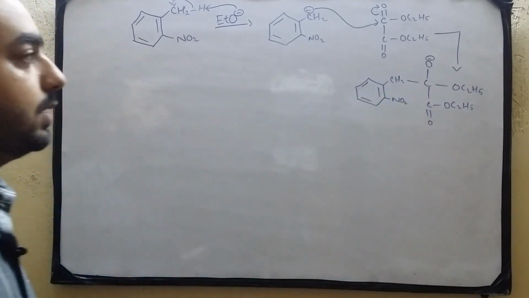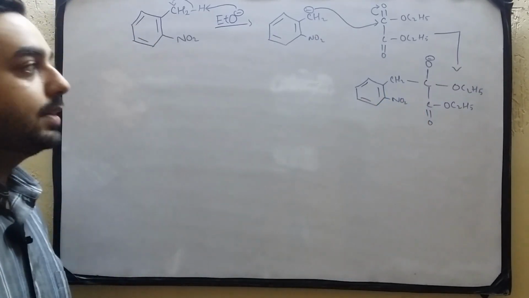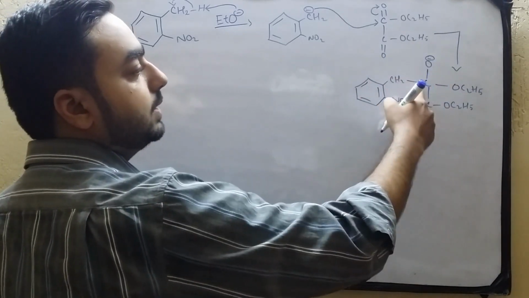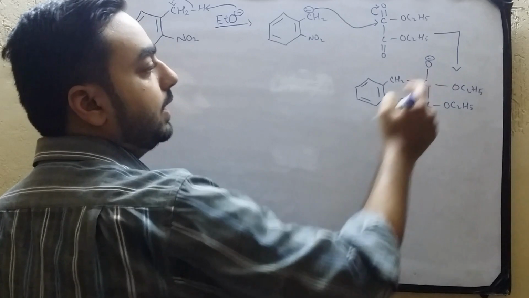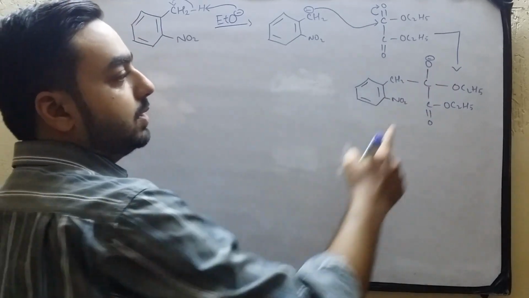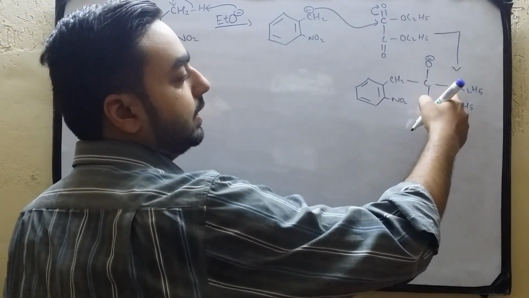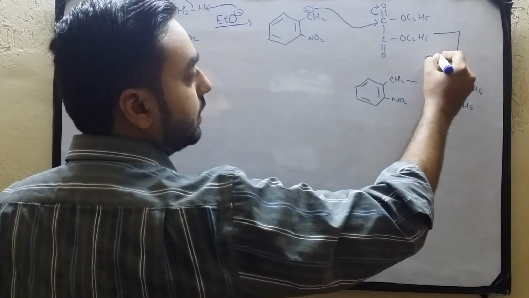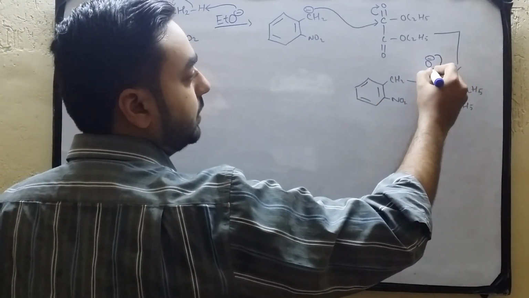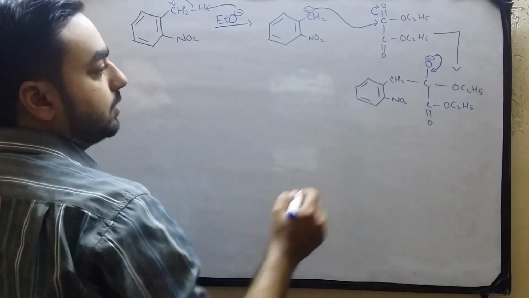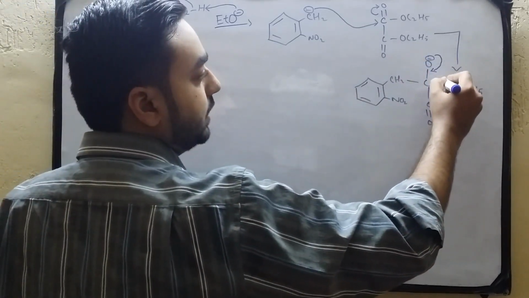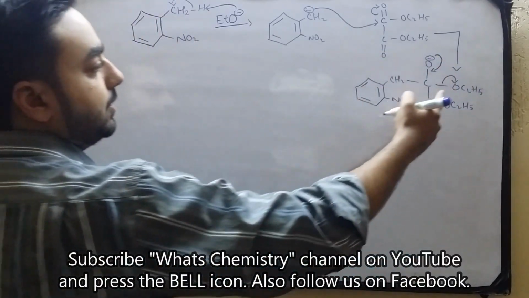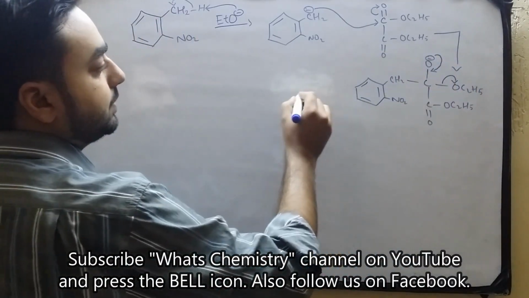So friends, now this negative charge will shift back between this carbon and this oxygen, as a result of which this ethoxy group will be removed. This bond will break and this group will be removed.